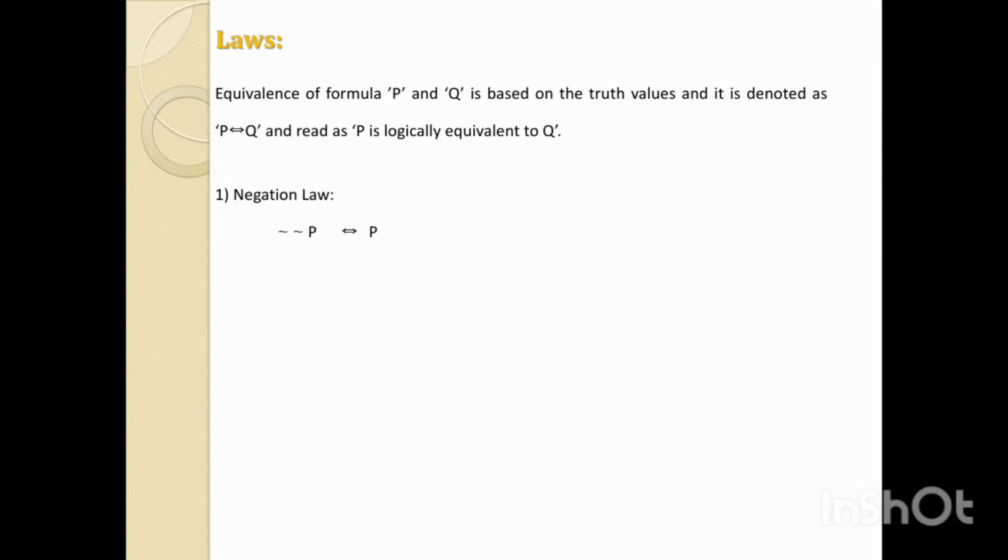The first law is the negation law, that is not not P is logically equivalent to P. The second law is the idempotent law, that is P or P is logically equivalent to P and P and P is logically equivalent to P. Means the and or operation of a variable with itself gives the same variable. The third law is the commutative law, that is P or Q is logically equivalent to Q or P and P and Q is logically equivalent to Q and P. Means in and or operations there is no importance to the order. We can change the order.